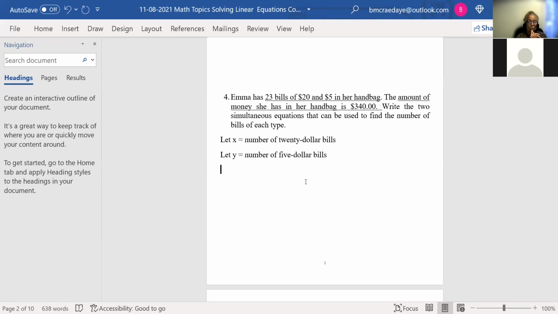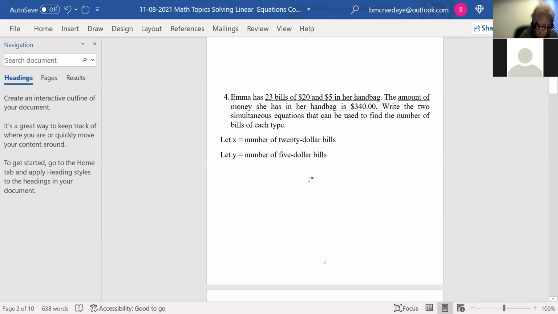What adds up to 23? I don't want numbers. I want variables.